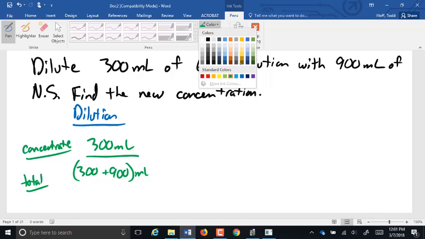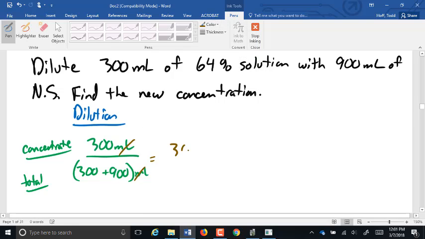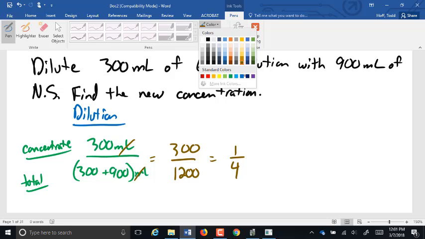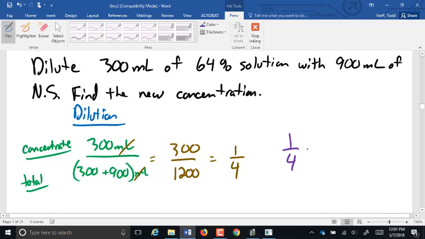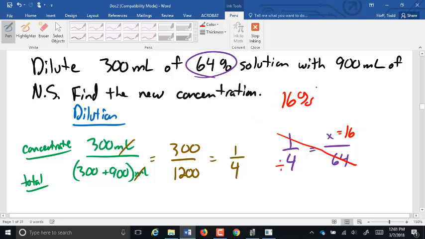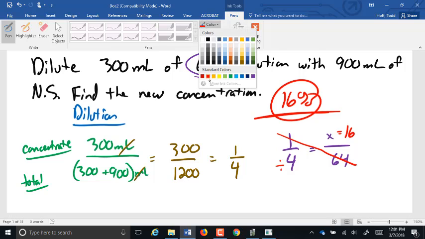Canceling out the milliliters, we've got 300 over 1,200, which reduces to a 1 in 4 dilution. We can now use that 1 in 4 dilution to adjust our concentration. 64% is the concentrated. We're looking for the diluted percent on top. We cross multiply. 1 times 64 is 64, divided by 4 is 16. So our new concentration is 16%.